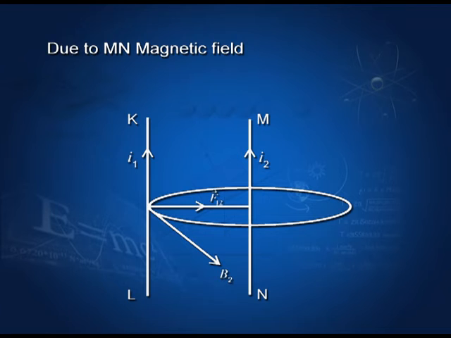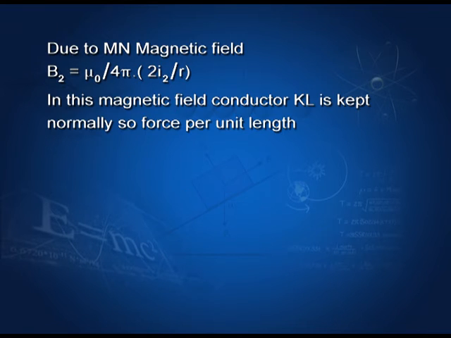Similarly, due to MN, the magnetic field B2 at point P2 on the conductor KL will be equal to μ0 upon 4π into 2 I2 divided by r. Now, in this magnetic field, conductor KL is kept normally. So, force per unit length F12 equals to μ0 upon 4π into 2 I1 I2 divided by r.